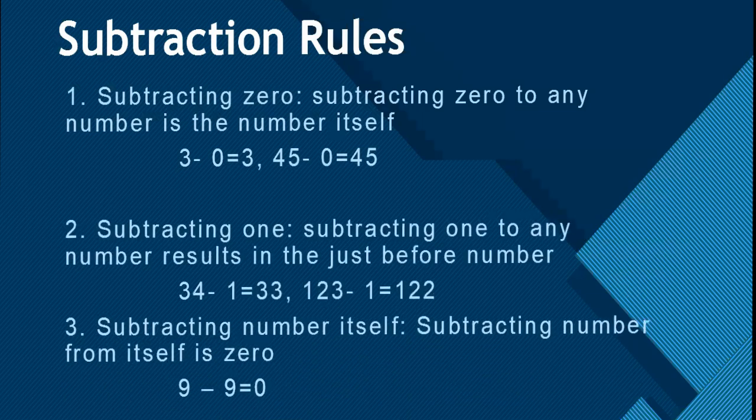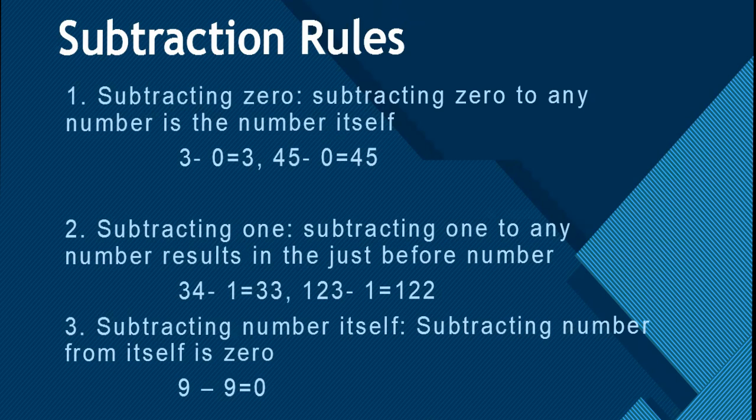Now, the second rule of subtraction is subtracting 1. If we subtract 1 from any number, then the result will be the number just before. Means if you subtract 1 from any number, then you get the number just before it. Suppose that you have 34. Now if you subtract 34 minus 1, means you're subtracting 1 from 34, then you get 33, and we know that 33 comes just before 34.